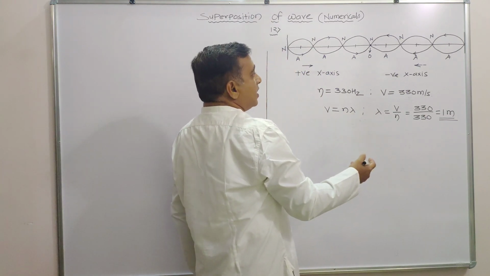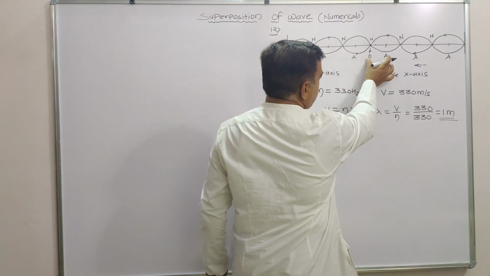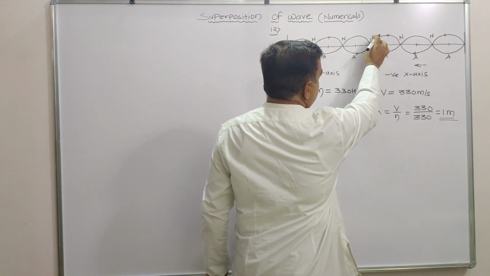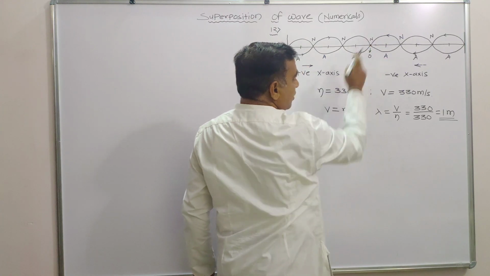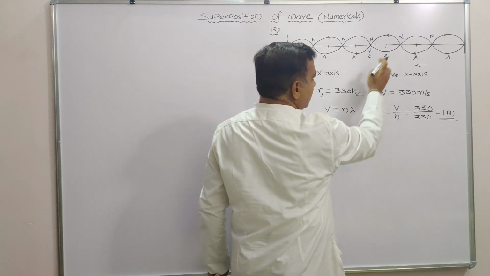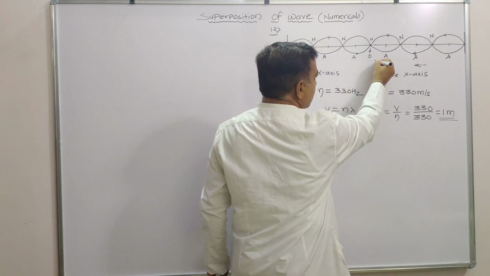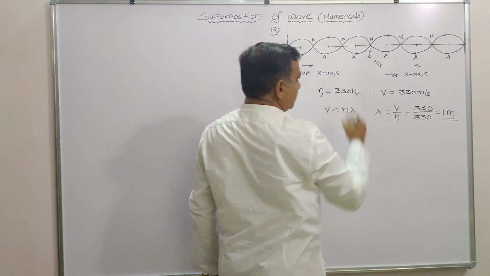Now consider the distance between the central node and the next antinode, which is always lambda by 4.